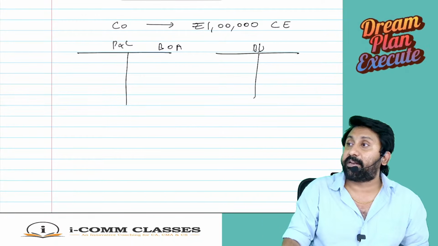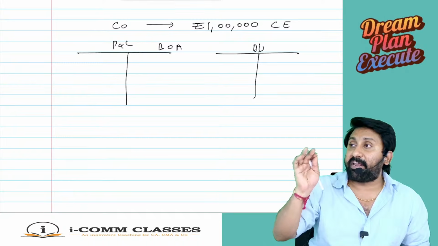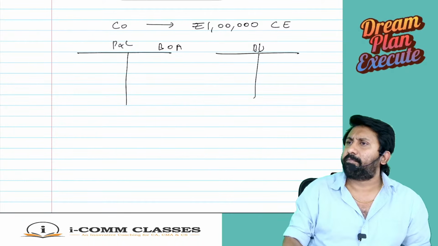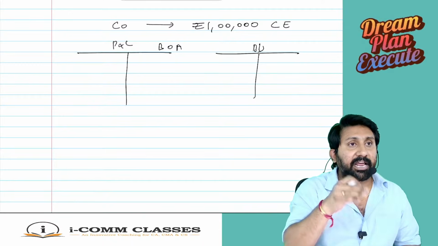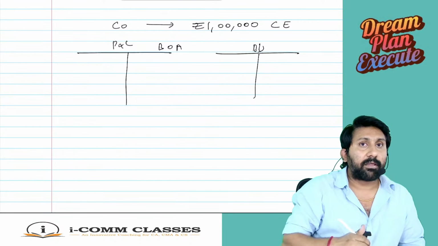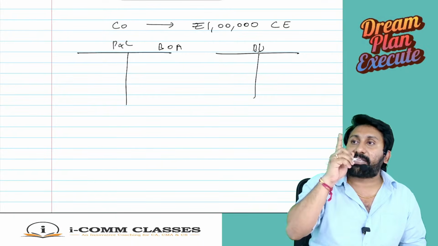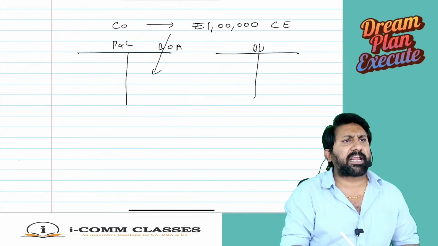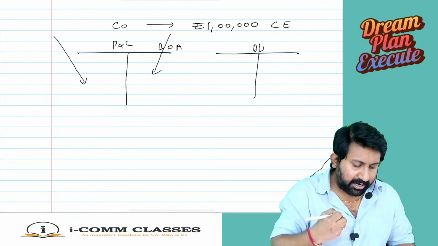Revenue income or capital income? Every day it comes, or once in every 2-3 years it will come. So it is everyday recurring income or one-time income. All recurring incomes in a year come to the P&L credit side. All recurring expenses will come to the P&L debit side.